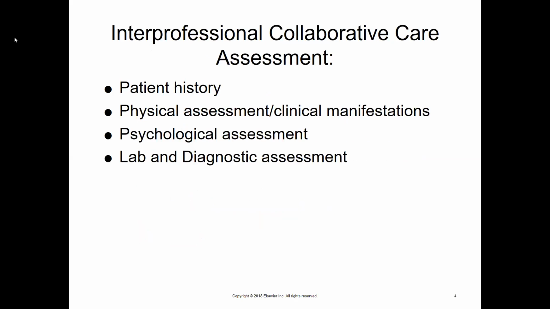So again, when we do an assessment on patients for peripheral vascular disease, you're going to start with patient history. Again, review risk factors for hypertension: age, gender, ethnic origin or race, family history, those types of things. Now, the difference with hypertension versus cardiac disease, a lot of people that have hypertension, they don't have any symptoms.